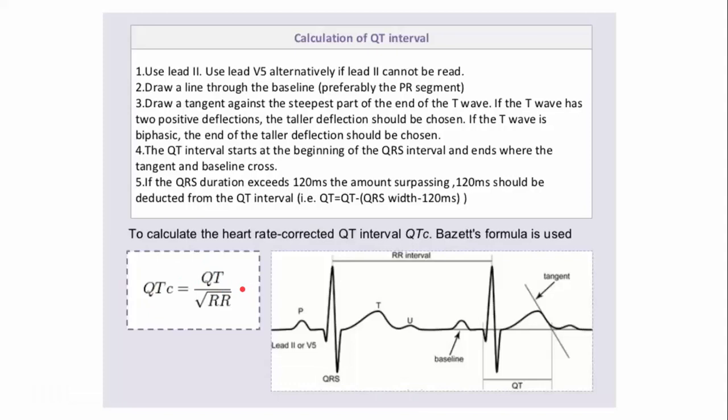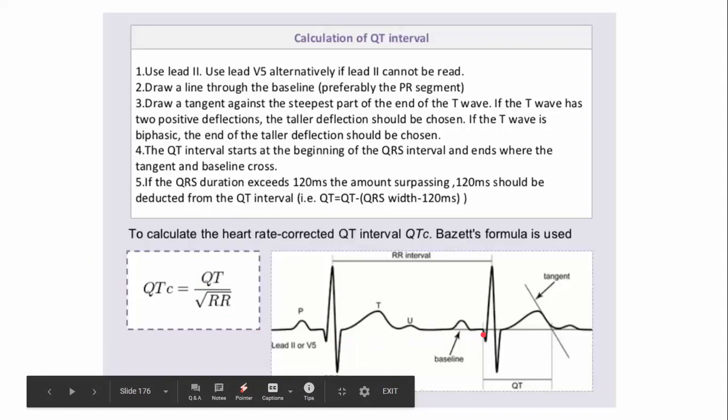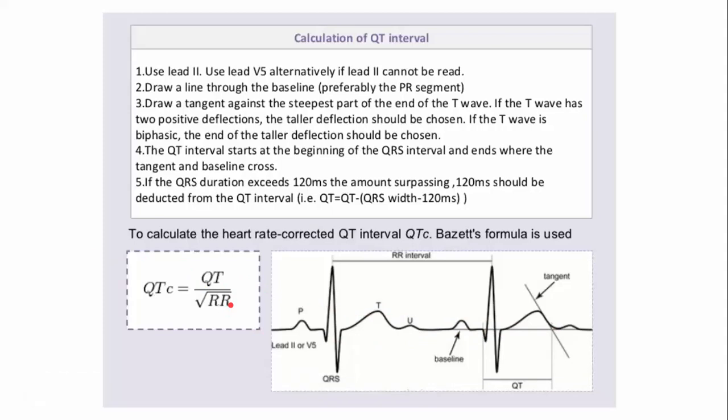This is the QT interval, the corrected QT. So this is our QT that is measured from the beginning of the Q to the end of the T, divided by the rate. And that gives us our corrected QT.